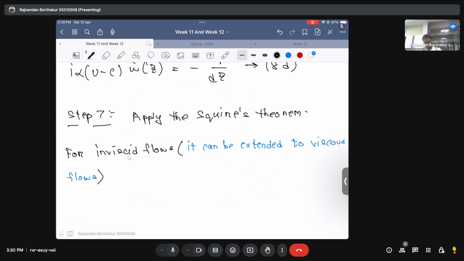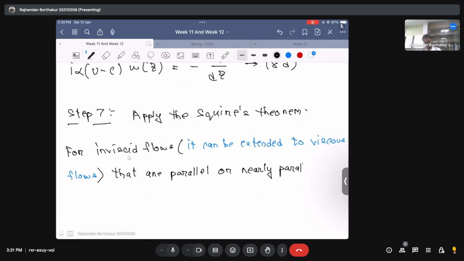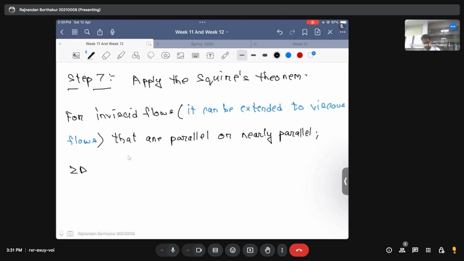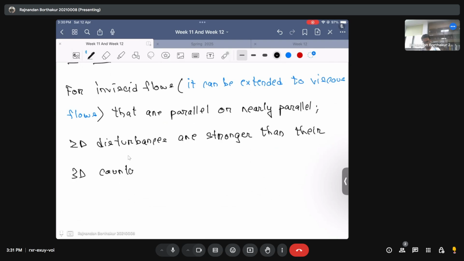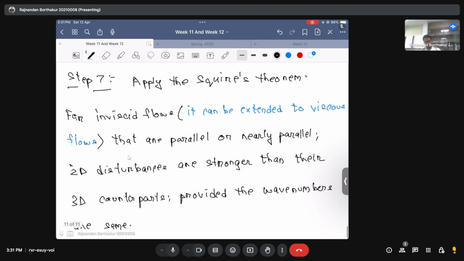What it says is that for inviscid flows that are parallel or nearly parallel, the 2D disturbances are stronger than their 3D counterparts, provided, this is important, provided the wave numbers are the same. Okay, so this is what Squire's theorem actually means.